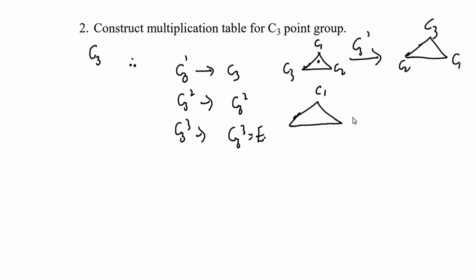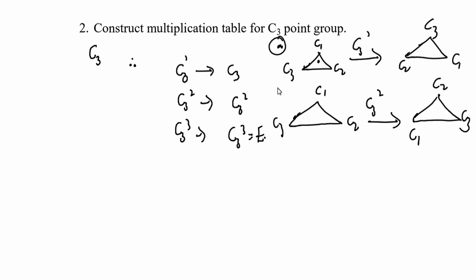Let's say we carry out C3 squared on it. It's like carrying out C3 twice. So this one will move here, right? So we are going to have this: C1, C3, and then C2. So let's call this A, let's call this B.